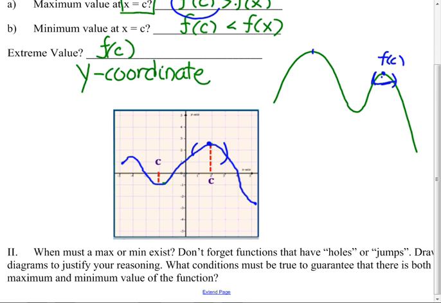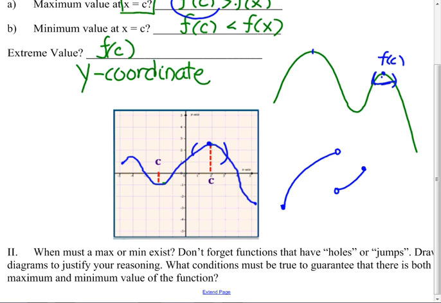Now, I would like to guarantee that I have an absolute maximum. Because I could have this. Let's see if we can make it an open circle here. I want to guarantee, though.